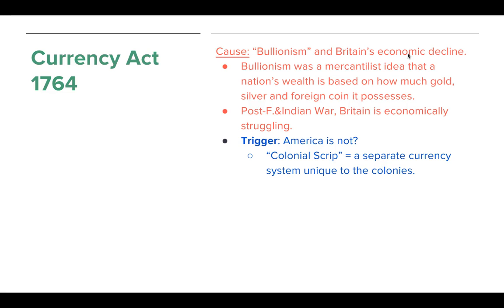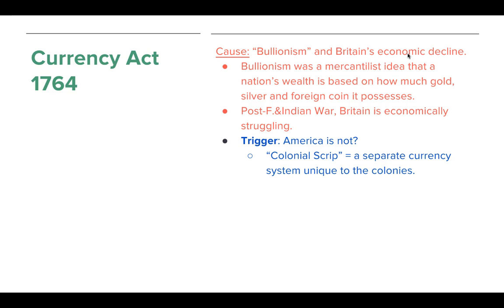Unfortunately, though, for the British, in trying to reap the economic rewards of North America through the French and Indian War, they spend a lot of money on the war itself, and they actually plunge themselves into economic decline. The question, though, for the British is, they're struggling, but why isn't America struggling?